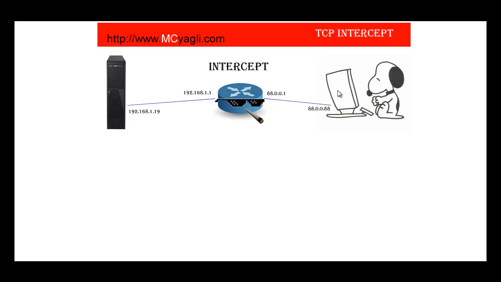Once the connection is complete, it will set up a second TCP connection to the server, and then the router will bind these two connections. Basically, this router will act as a proxy here. I think the way it does this will be far clearer when we start the configuration.